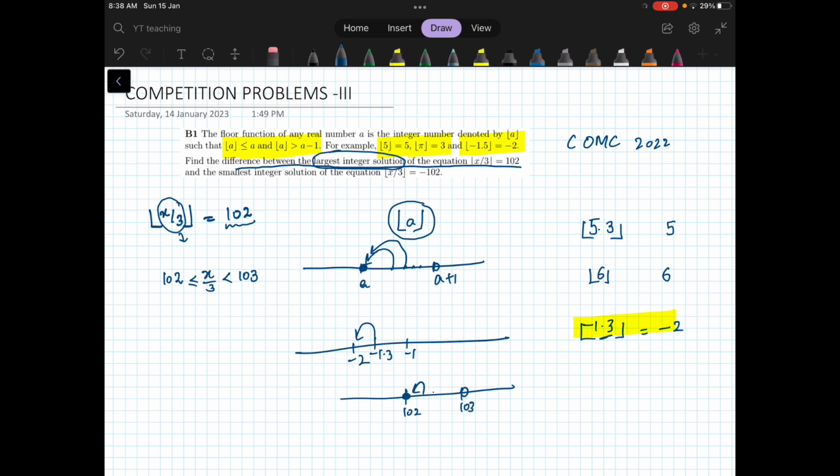Then its floor function is going to be 102, right? So this is what we are looking for.